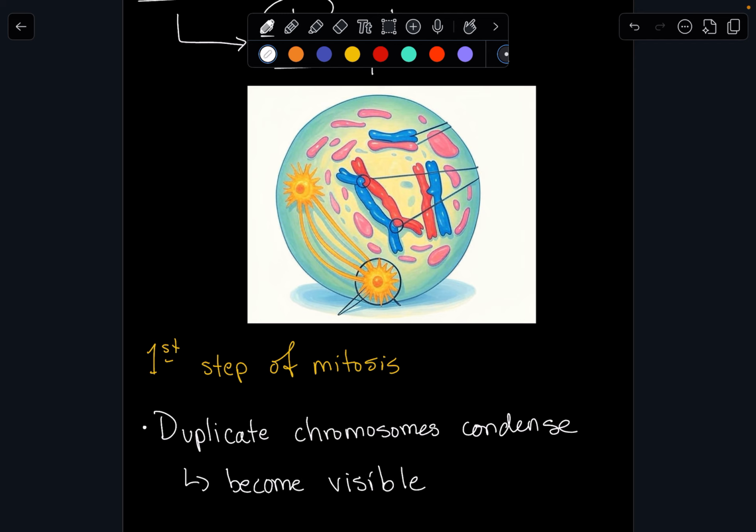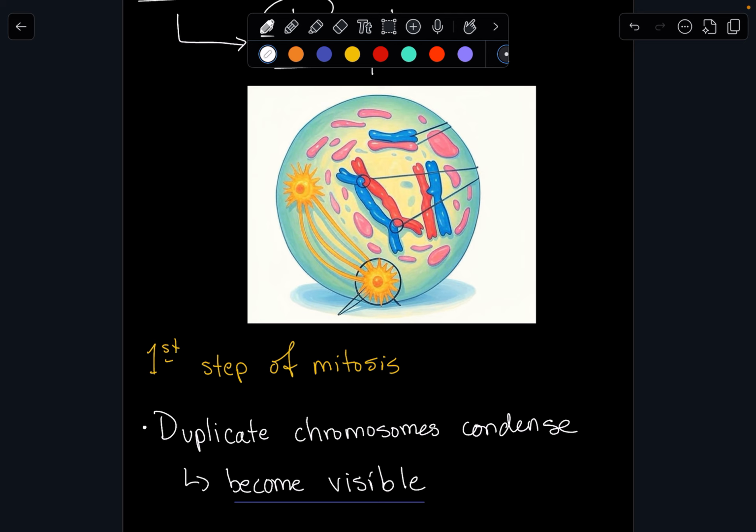That is a very important piece of information, because that's when we know that we have officially entered prophase, when we can visibly see the chromosomes within the cell.